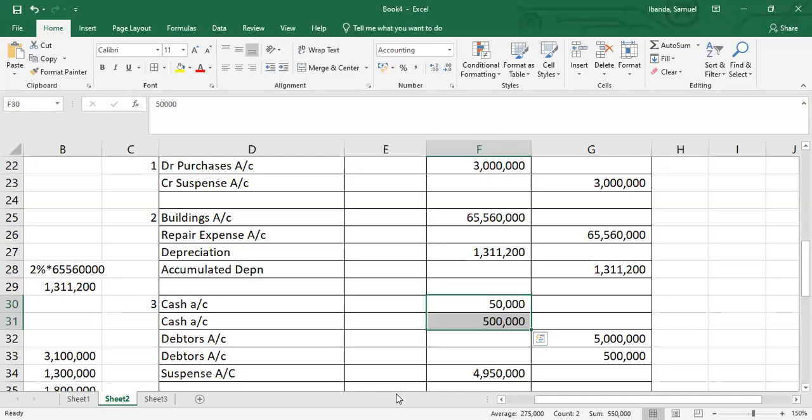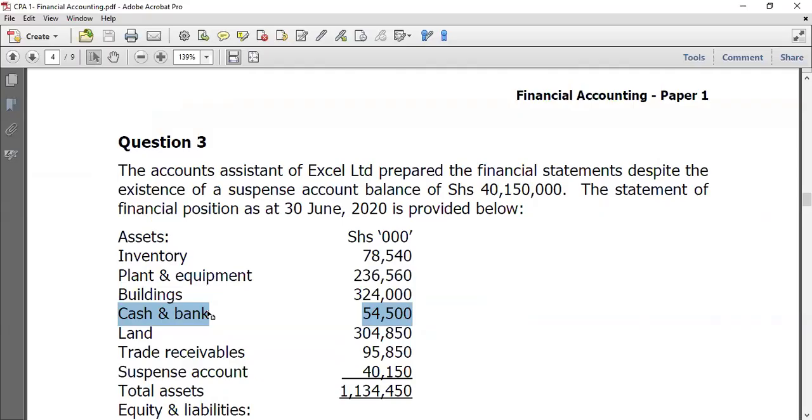When you're recording your cash, let's say your current assets, this balance sheet that the examiner gave you is mixed up. That's why you have cash and bank here, and then you have land. But for yours to be systematic, you have your non-current assets and your current assets separately.